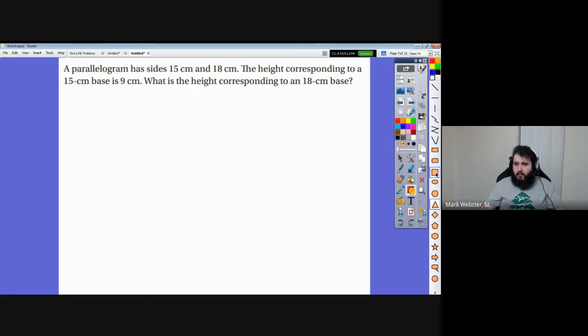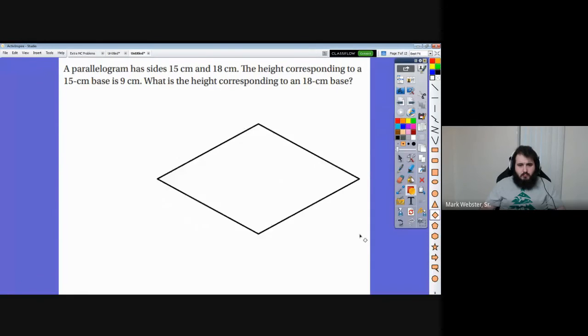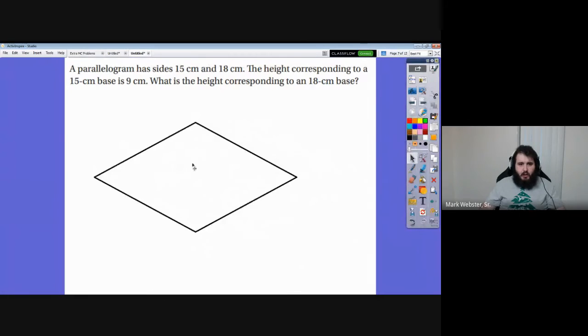It's a rectangle. It's a square. Close enough. Kind of. All right, so they're telling us. No, this is not.